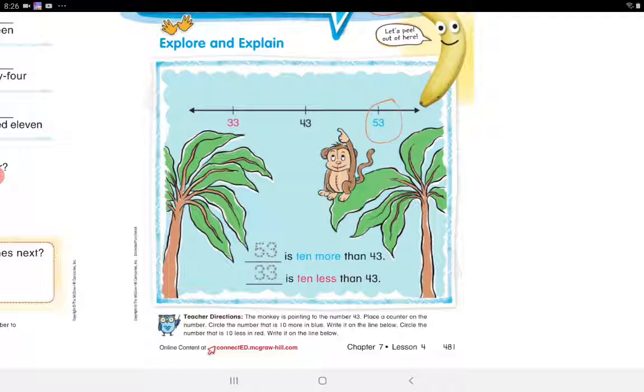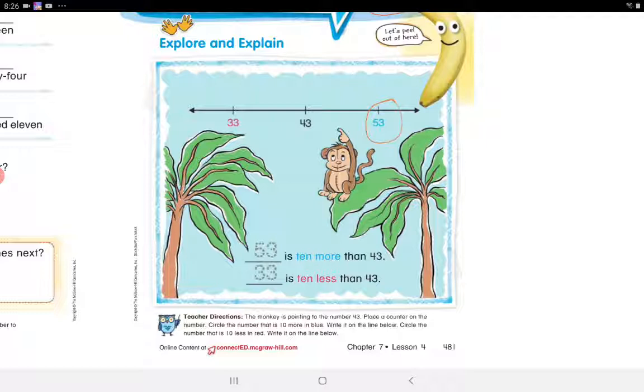Now they want us to look back at the 43 and go 10 less. So again, I do not touch my ones place because I'm not focused on that. They want me to focus only on the tens place value. So again, I know that the 4 in the tens place really means 40.